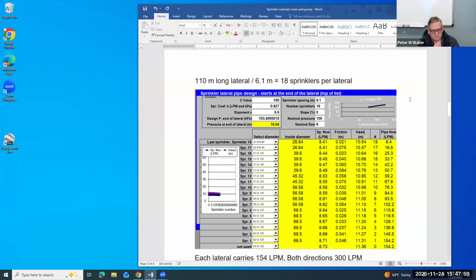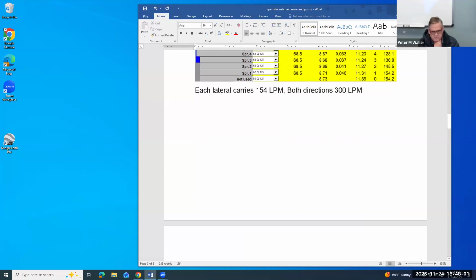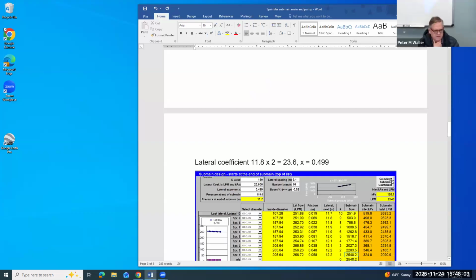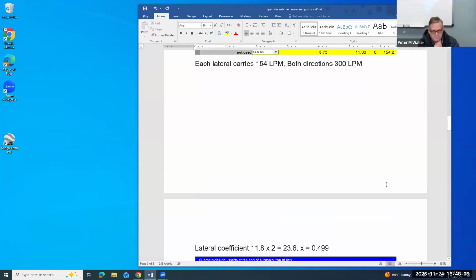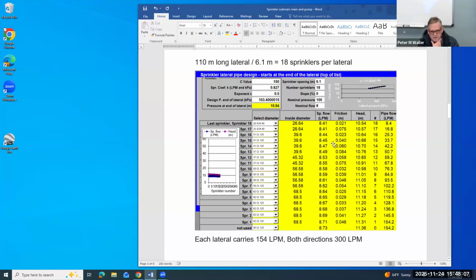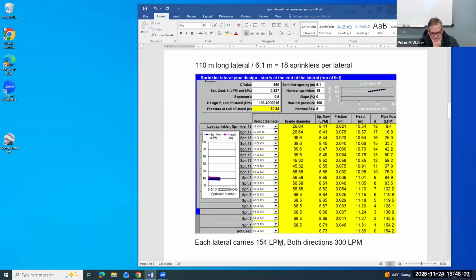That's where you press that button, calculate lateral coefficient. We can see that each lateral carries 154 liters per minute, which is about 40 gallons or 35 gallons per minute.